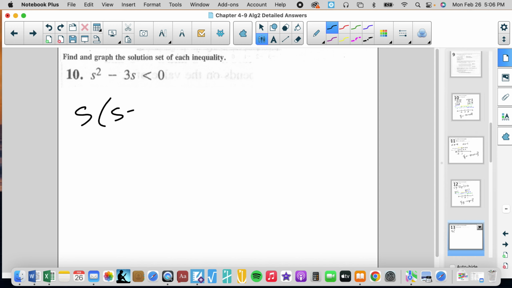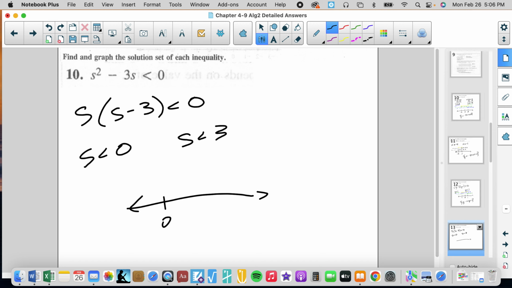So s minus 3 less than 0. S is less than 0. S is less than 3. 0, 3. So I think I can jump to 0 is less than s, which is less than 3.